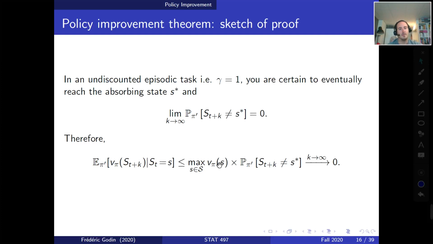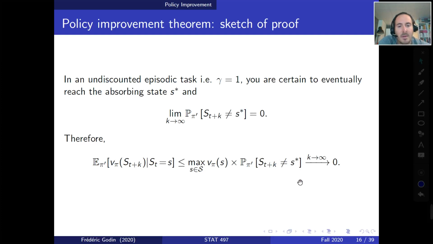If we want a bound for this, we could assume that all rewards are equal to their maximum, and this would get us an upper bound to this quantity: the maximum of this times the probability that the state s t plus k is different than the absorbing state.